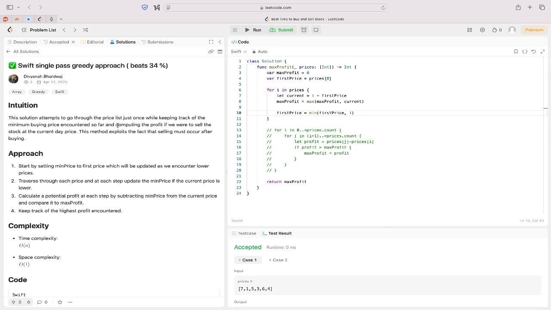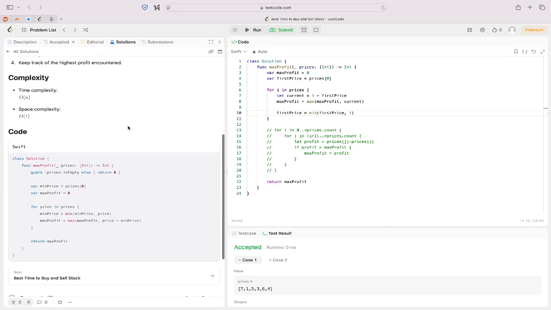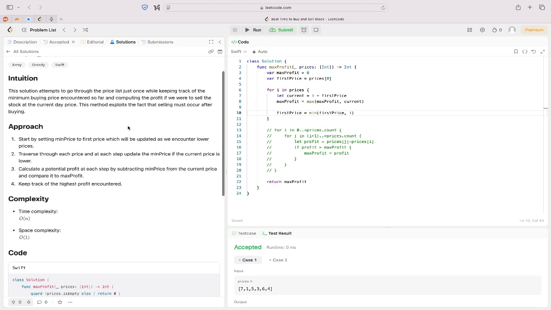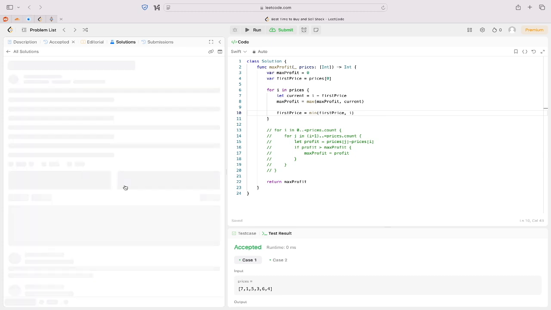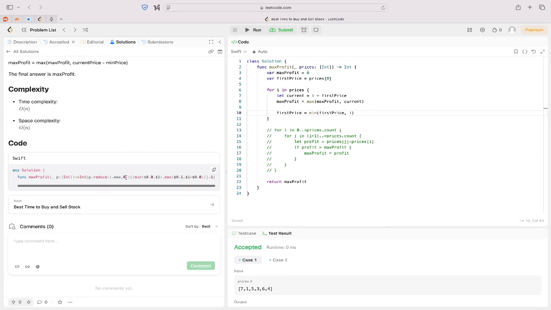This solution attempts to go through the price list just once while keeping track of the minimum buy price encountered so far. Okay, yeah. The same, start by setting a minimum price for the first place. Traverse through each. Yep.